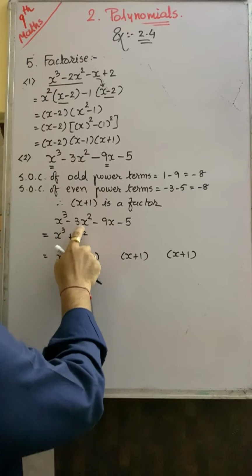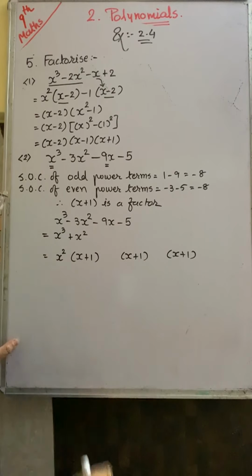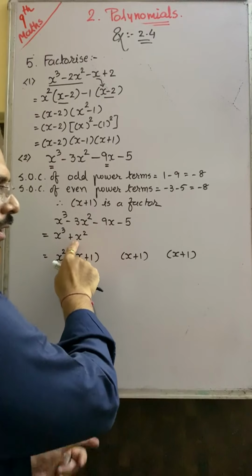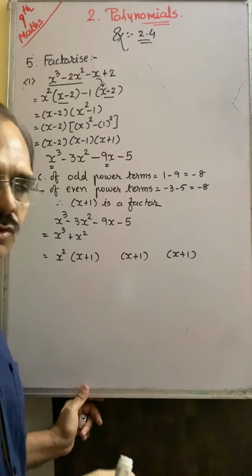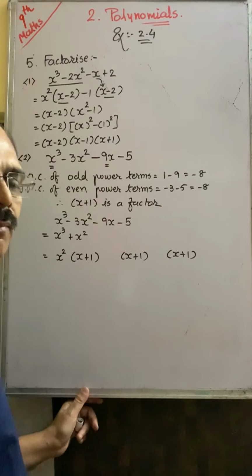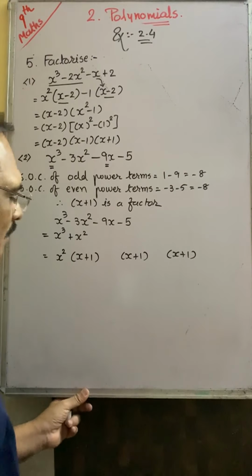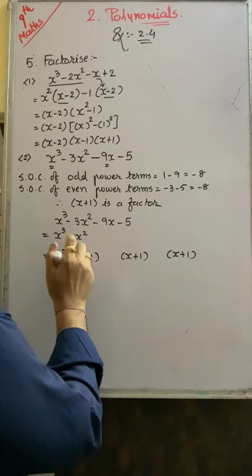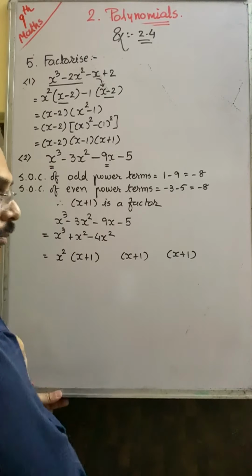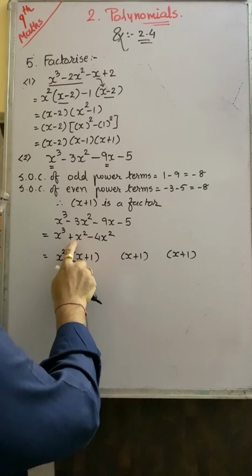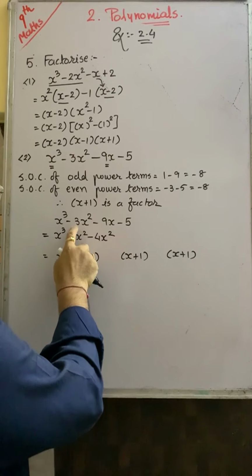Now I need minus 3x square and I have plus x square. So what should be added so that I get minus 3x square? I have already plus 1, so I should add minus 4x square. See properly, 1x square minus 4x square will be minus 3x square.